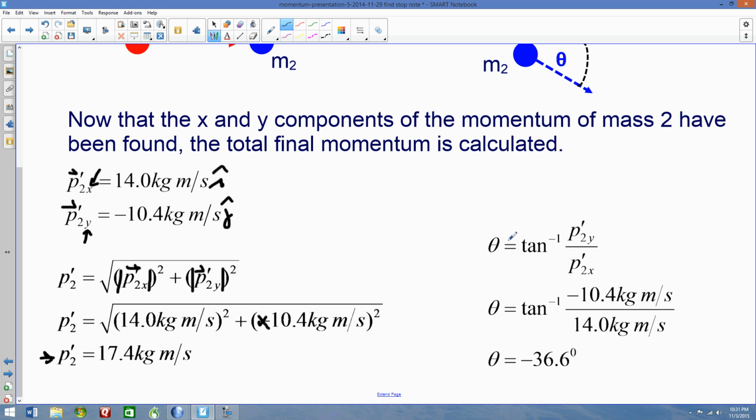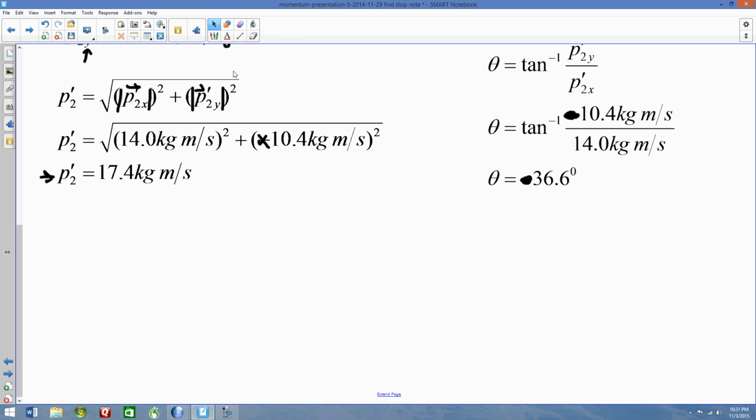Okay, so now let's solve for theta. Theta is equal to the arctangent of p2y prime over p2x prime. Again, get rid of the negative. It doesn't belong there. Substituting in our numbers, we end up with 36.6 degrees. Okay, so let's see what direction that 36.6 degrees would be. Here's the x component.